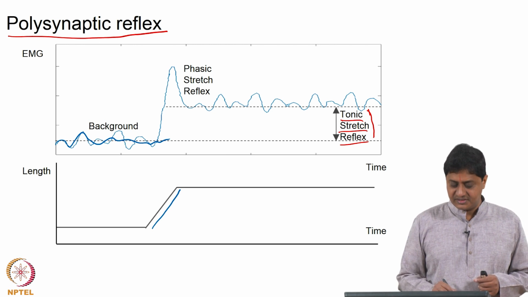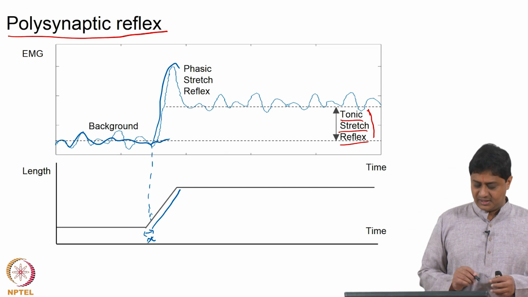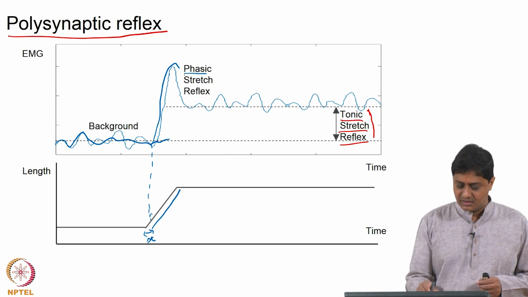If that happens, there is going to be an immediate response. So, we will have to see the time. The stretching starts, and with a very small delay, delta t, there is going to be a response.